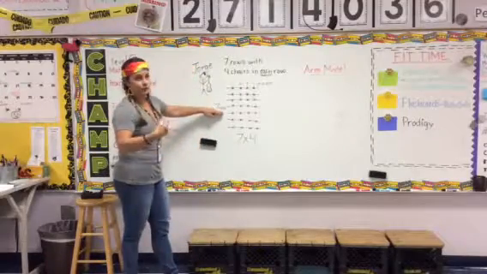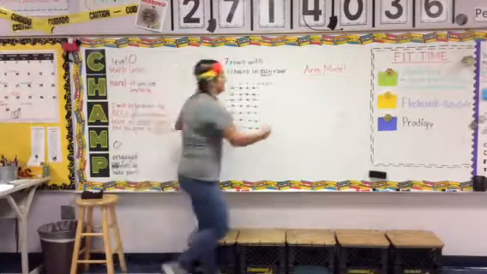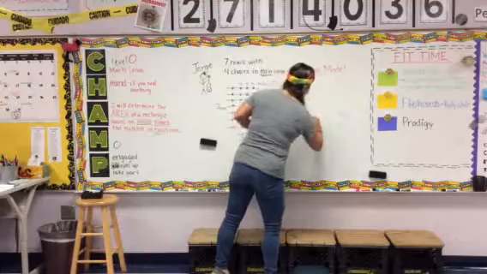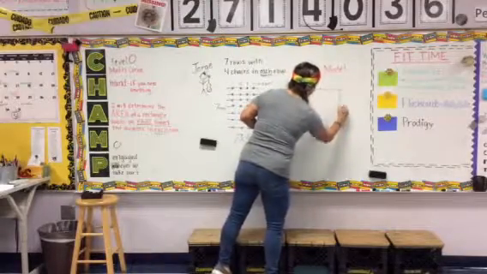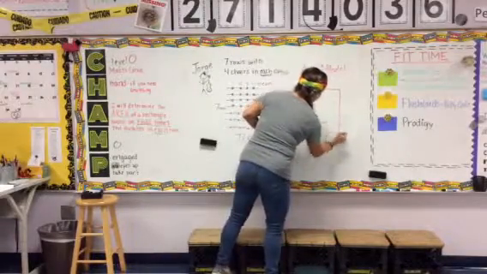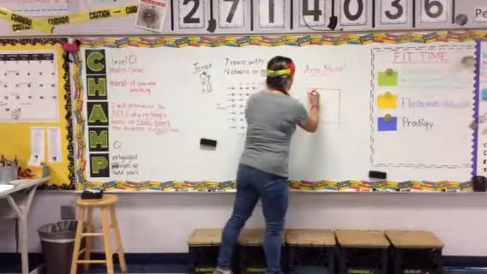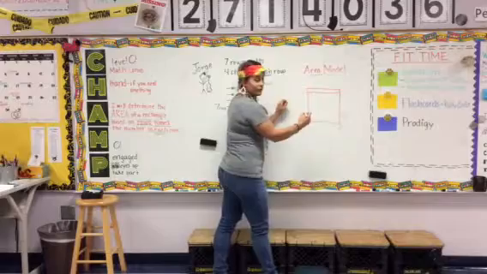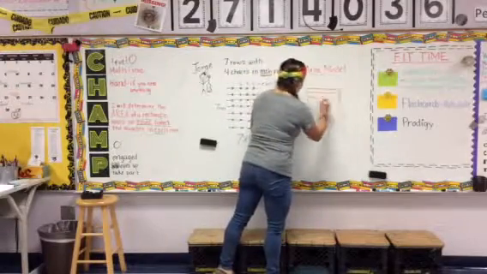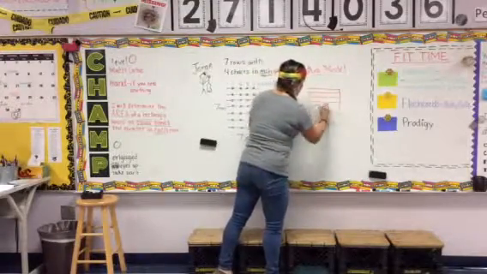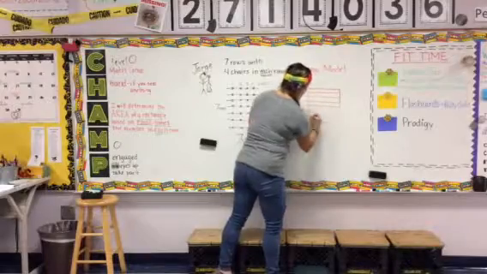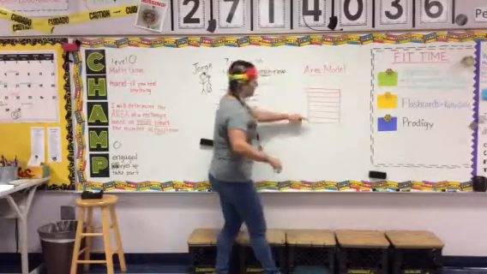Okay, so first we're going to represent our rows, right? So I'm going to just take like a rectangle, right? And I'm going to draw in my 7 rows. 1, 2, 3, 4, 5, 6, 7.